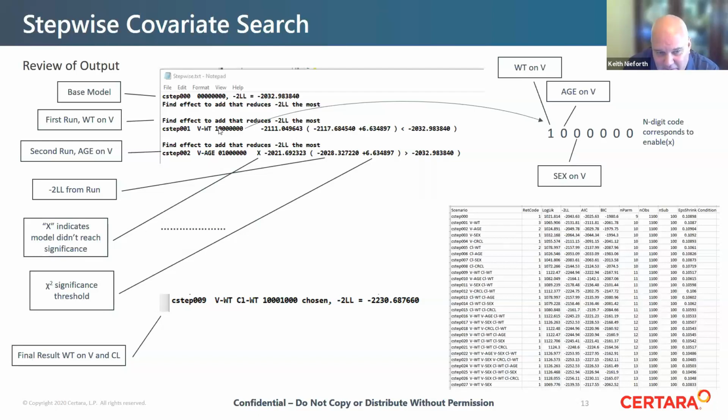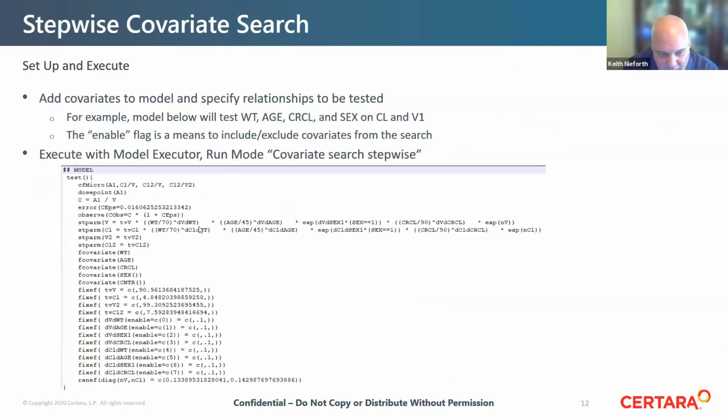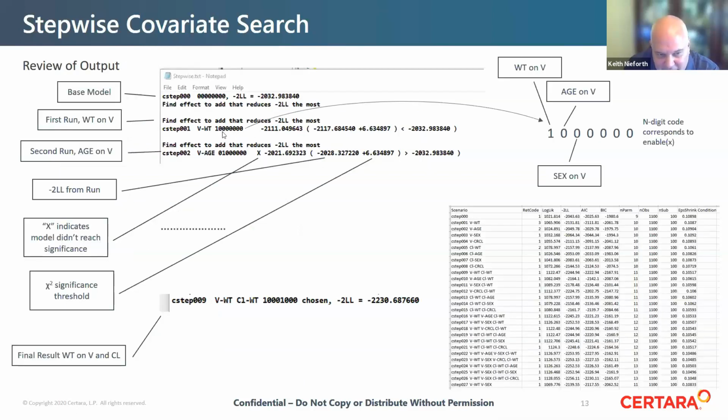If you recall from our code, volume on weight, DVD weight was our first enable 0 DVD weight, so that's the first position. So it puts a 1 there to indicate, okay, this is my volume on weight model. The second one would be age on weight. As you look down the row, it'll have 1s in the position of where the covariates are fitting in. It also gives you the text, but that's what that number is. It's all that it is.